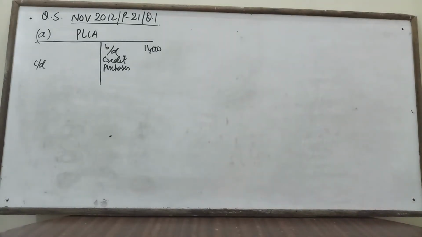I'm reading it: on 30th June 2012, trade receivables were 20,500 and trade payables were 13,600. These two balances are the closing balances at 30th June 2012. So the closing balance of trade payables is 13,600.